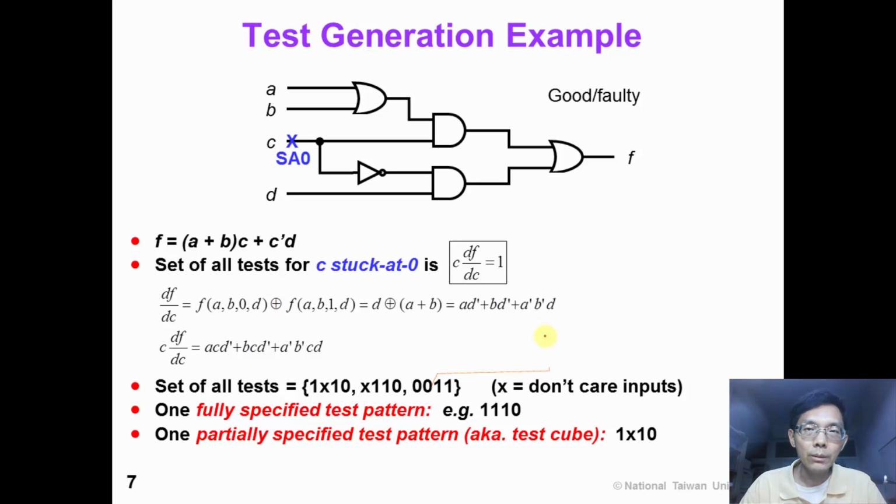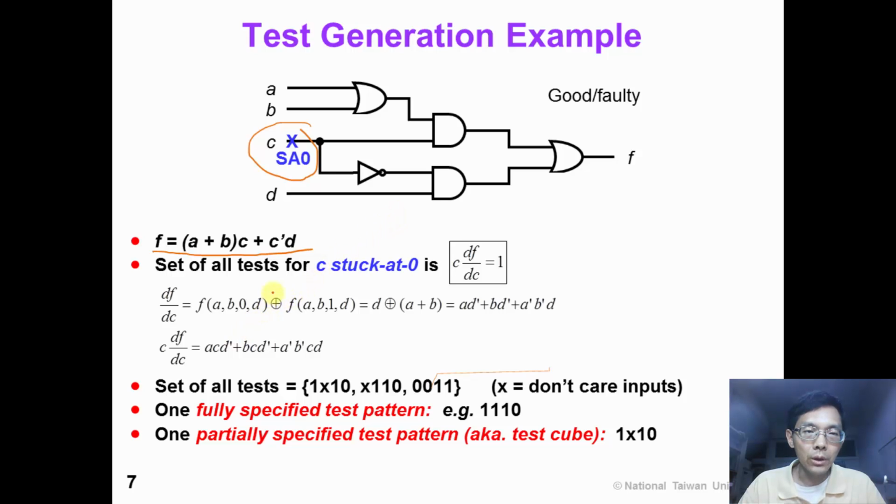Here is an example. Consider this circuit. If we want to detect input C stuck at 0, what would the test pattern be? First, we find the Boolean expression for the output f equal to (a plus b)(c plus c prime d).